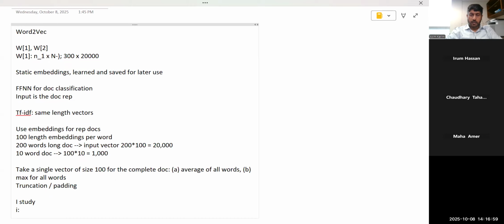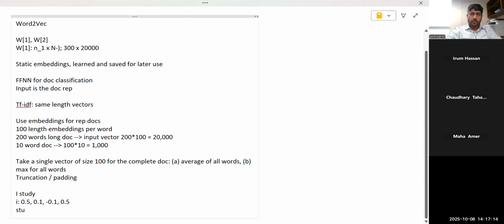Let's say 0.5, 0, 0.1, -0.1 and 0.5. ये I की embedding है और study की embedding. ठीक है. Again, remember embedding, अब for example's sake I'm taking embedding of size 4.